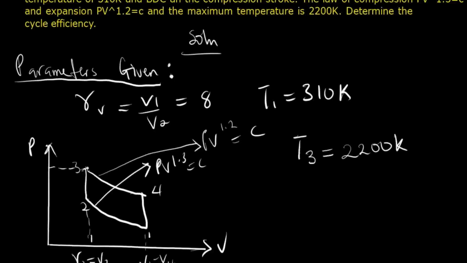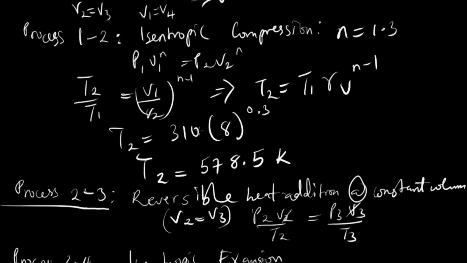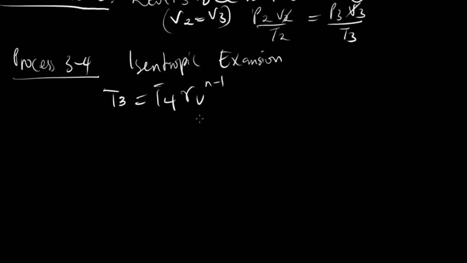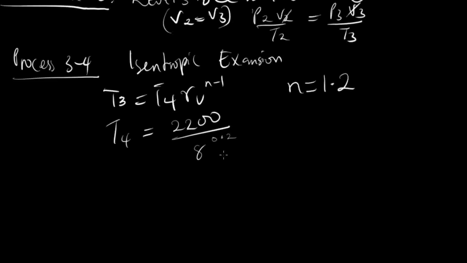So this is the maximum, so our T3 is that. So finally our T4 will be 2200 over 8 raised to power 0.2. Why? Because at this process n is 1.2, so T4 will be 1451.46 Kelvin.